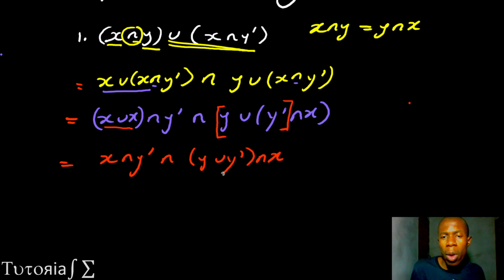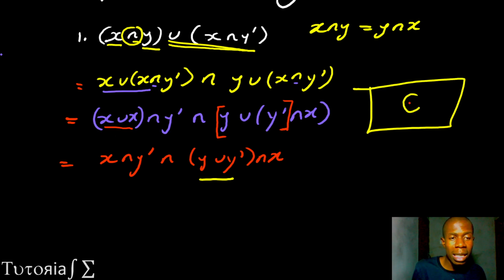Now, what is y union y prime? Let me give you a visual of this. If this is the set y, outside y will be here. Union means adding with the inside of y. The inside will be here. So outside y plus the inside of y will give us the universal set.